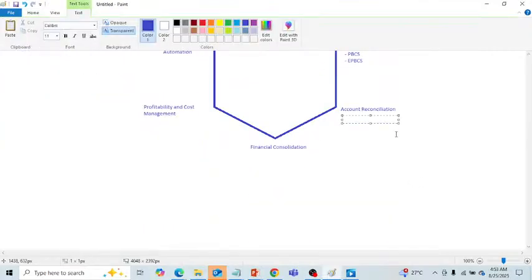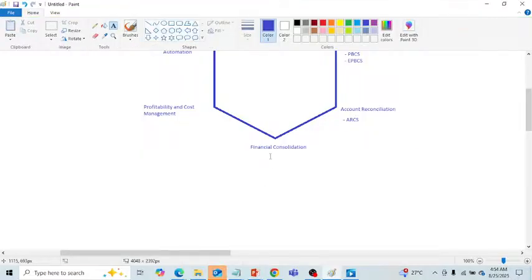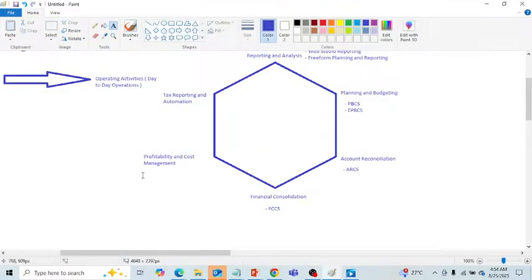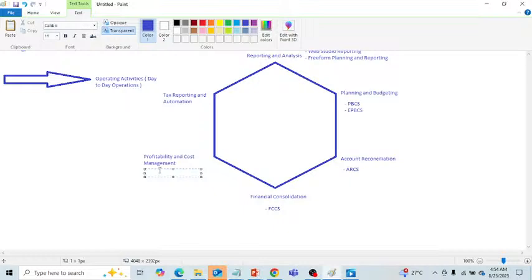For account reconciliation we have ARCS, that is Account Reconciliation Cloud Service. For financial consolidation we have FCCS, that is Financial Consolidation and Close Cloud Service. For profitability and cost management we have PCMCS, that is Profitability and Cost Management Cloud Service.